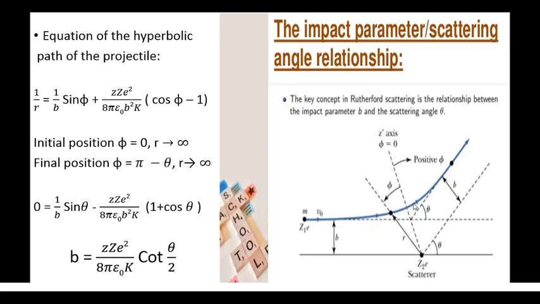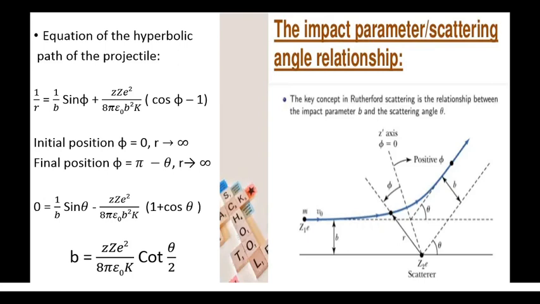This angle is pi minus theta. So the final position means phi is pi minus theta. For that r also tends to infinity. So when the particle is away from the target, phi is equal to 0, r tends to infinity.